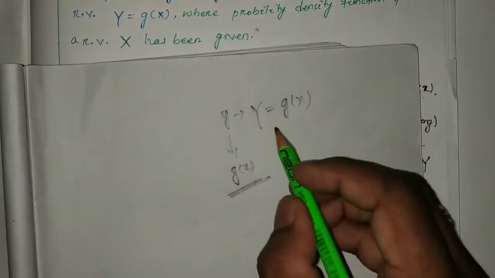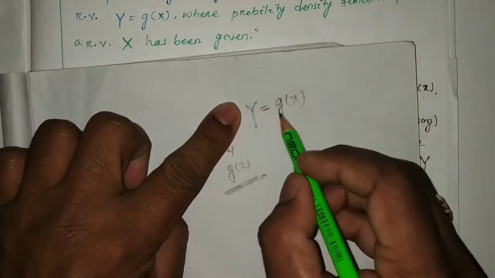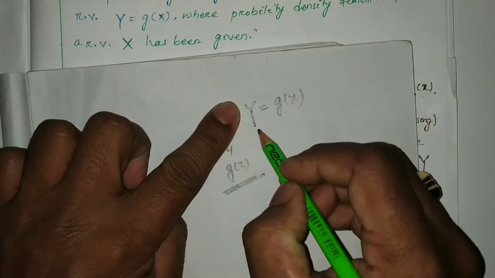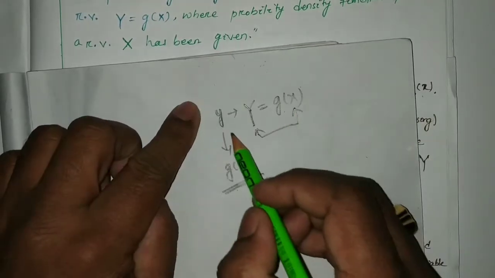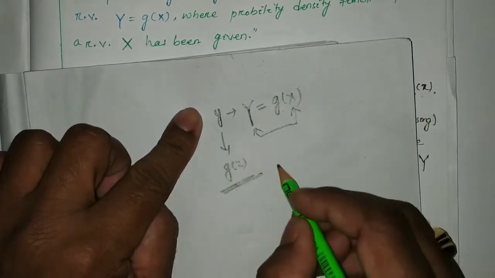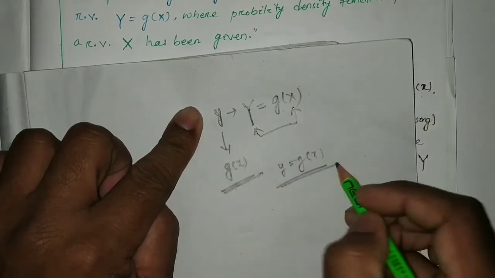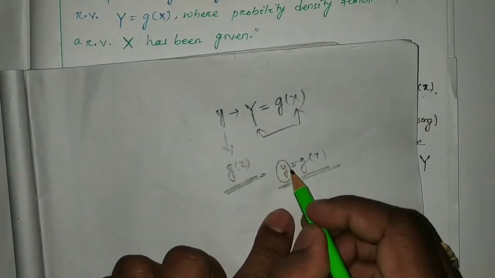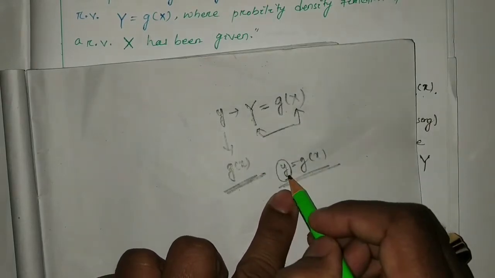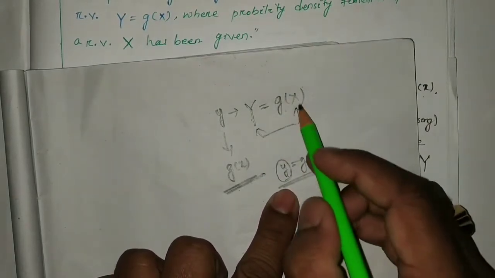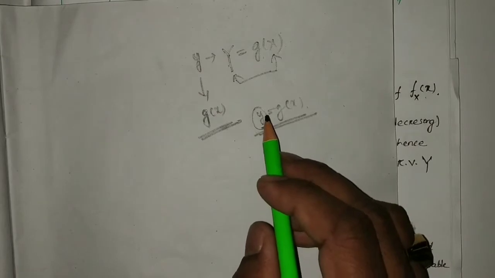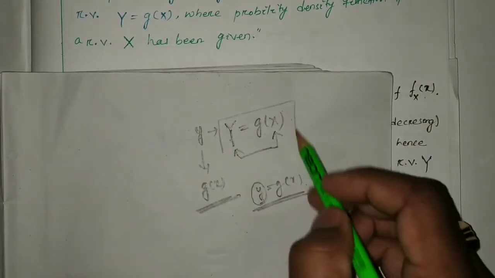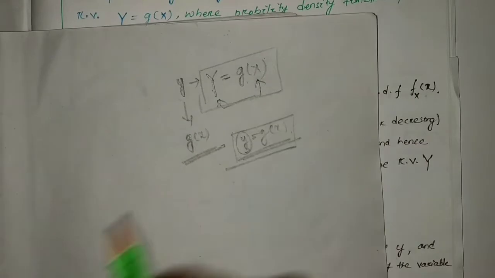Here y equal to g(X) means the random variable y is a function of the random variable x, and small y equal to g(x) represents the values of the random variable y as a function of the values of the random variable x. So this is a one to one mapping, only one to one mapping. Either we can write in this format or in this format, no problem.